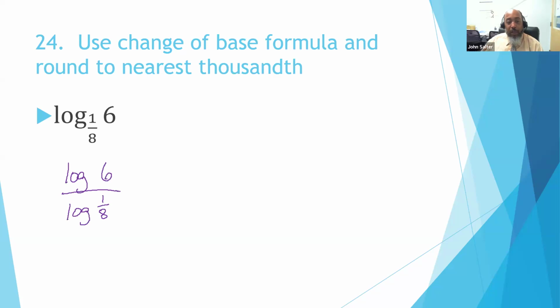This 1/8 at the bottom, that's the same thing as saying 8 to the negative 1. And I have a rule about exponents. When I have a logarithm, I can move the exponent out front. So this is really log base 6 over negative 1 log of 8. I can plug that into a calculator straight away.